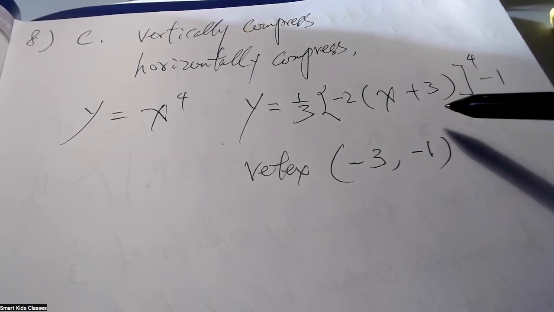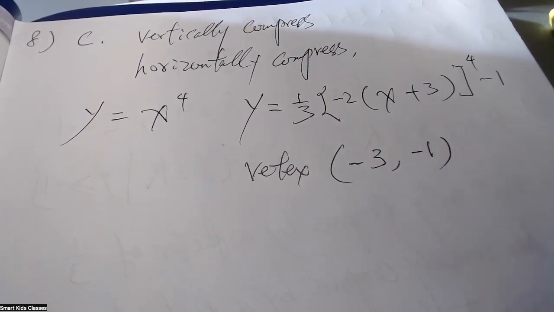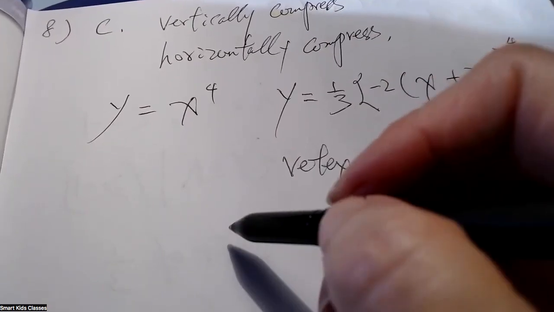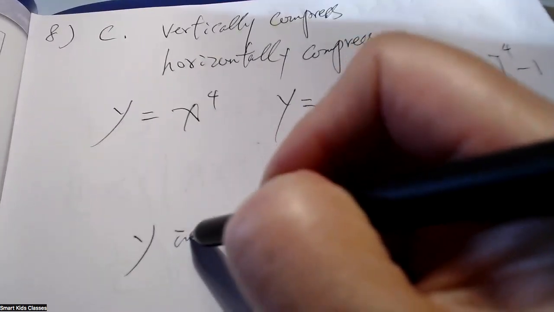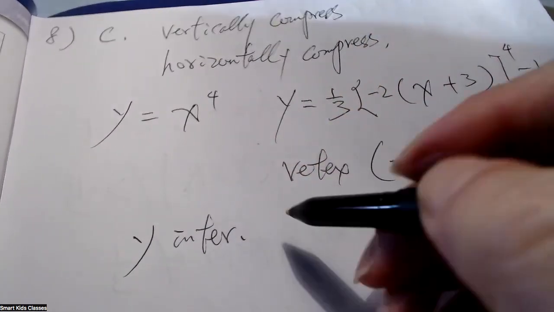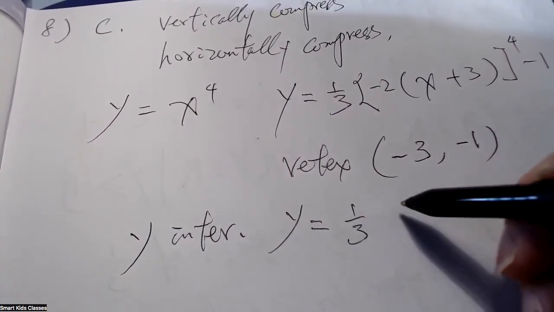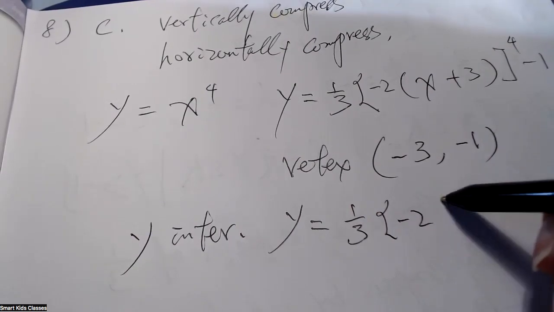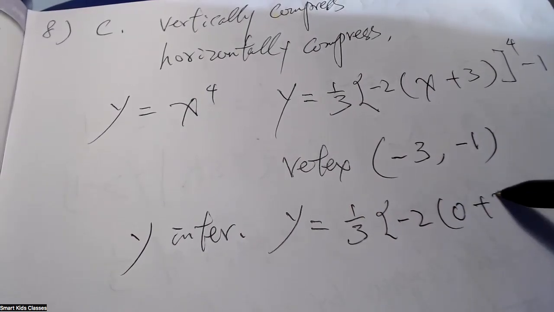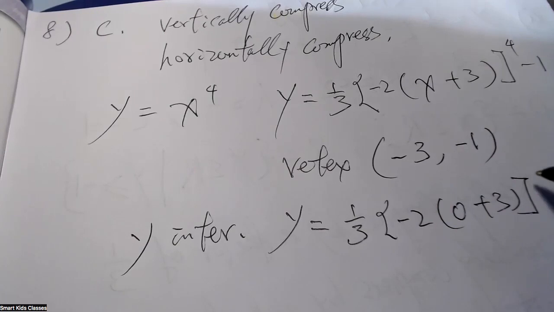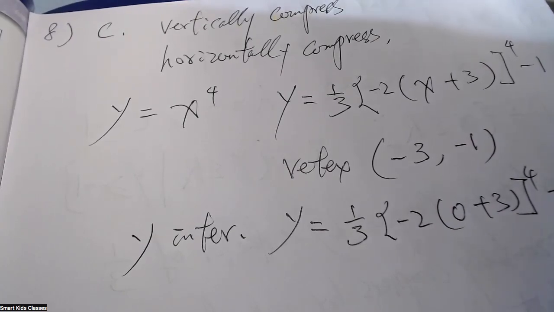Now we're going to write the y-intercept, when x equals 0. So y-intercept, I put in short form. So you're going to write y equals 1/3, -2 times 0 plus 3, exponent 4 minus 1.